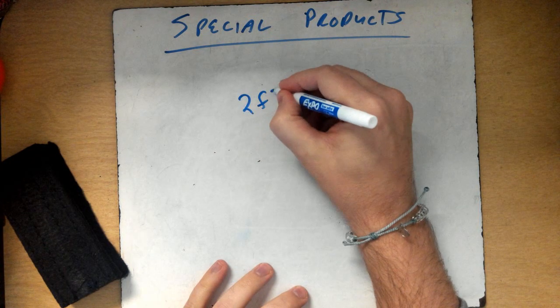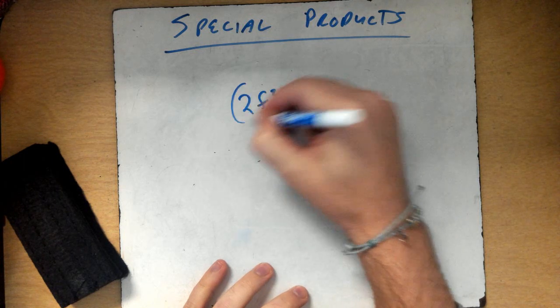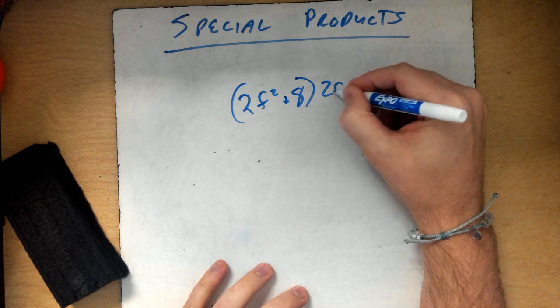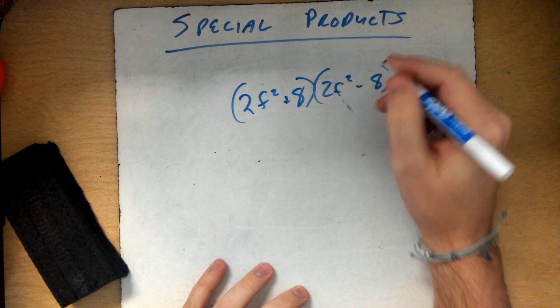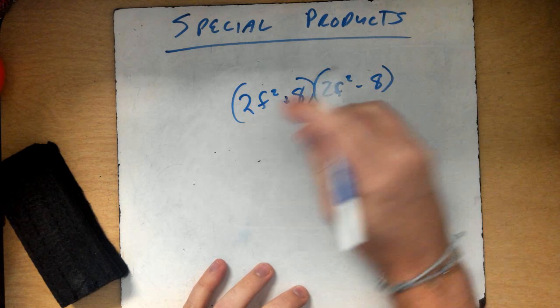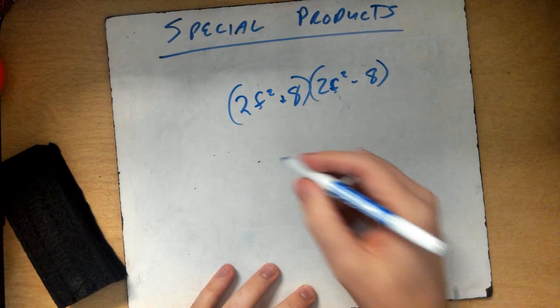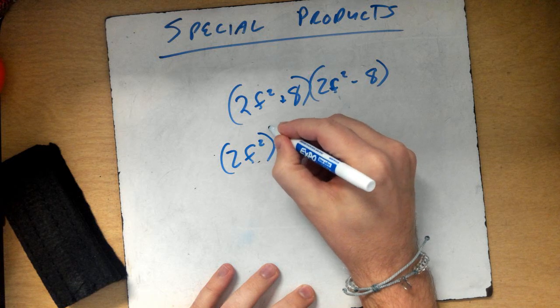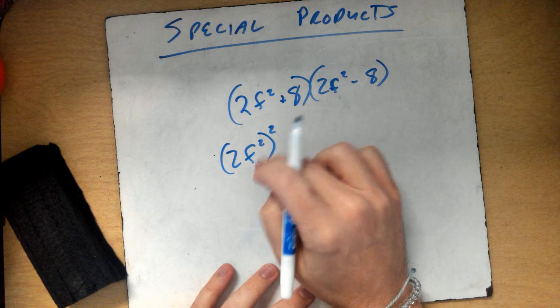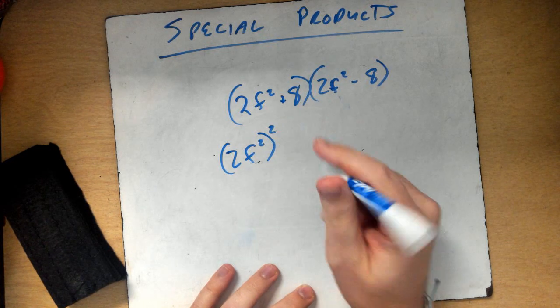So 2f squared plus 8 and 2f squared minus 8. Same thing. 2f squared, 8s. So 2f to the second power, all of them to the second power.